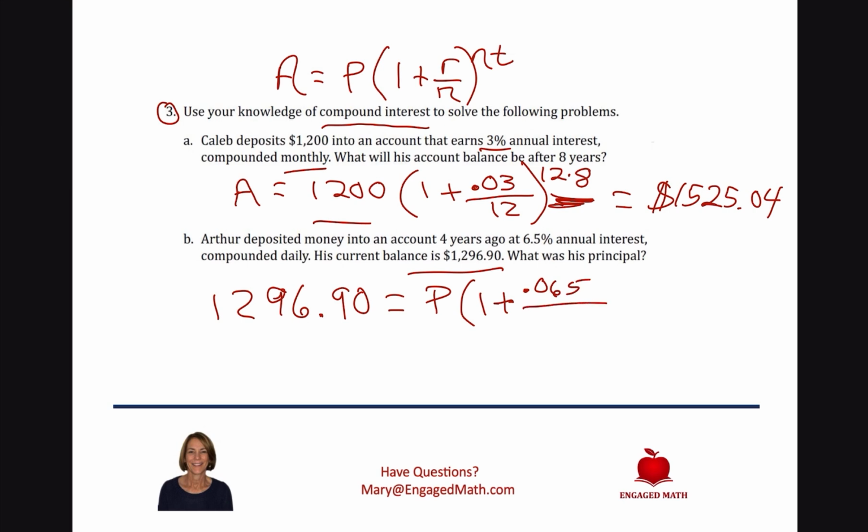And that's going to be over the number of times it's compounded per year, which is daily in this case. And we know there's 365 days a year. So in 1 year, it's compounded 365 times, meaning that at the end of each day, the bank or whoever the owner of the investment account is will deposit into your account a certain amount of interest.